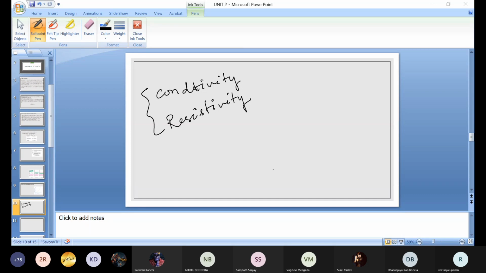So what I was saying is that when the material lets the current pass through it, that is called conductivity.